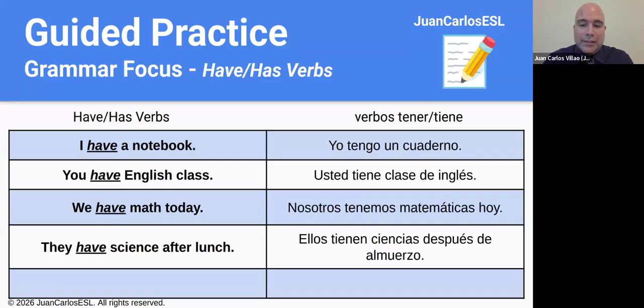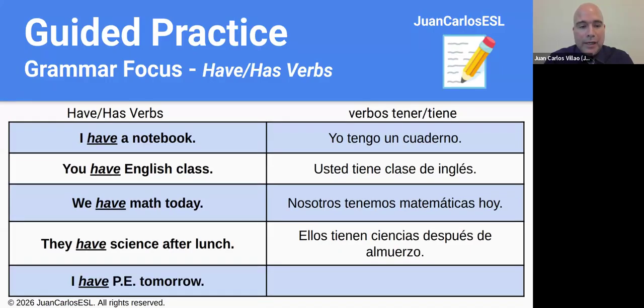Ellos tienen ciencias después de almuerzo. I have PE tomorrow. Yo tengo educación física mañana.